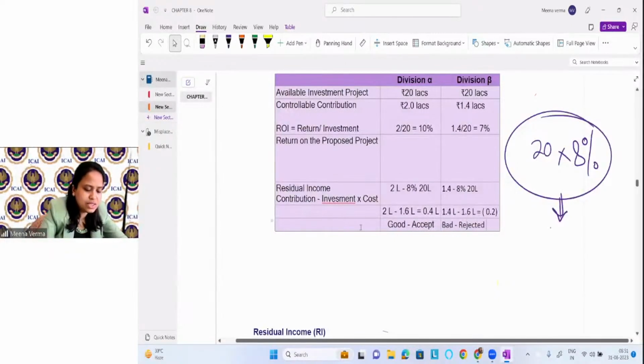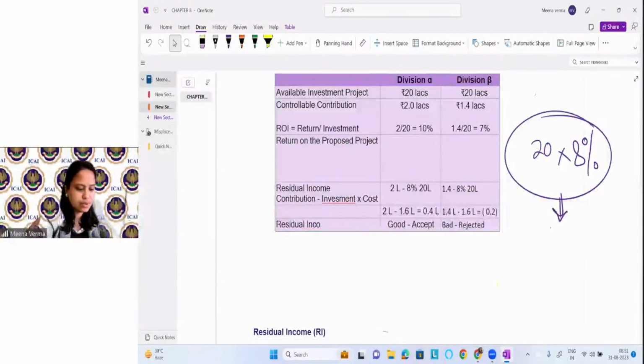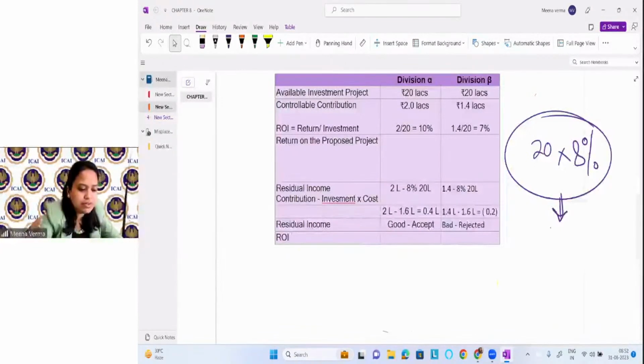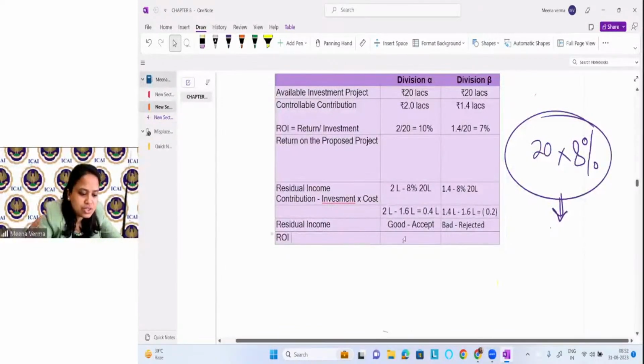So if you consider the residual income, we take the decision in this way. Or by considering return on investment, how did we take the decision? We just saw that the 10% return is more than the cost of capital, 8%.